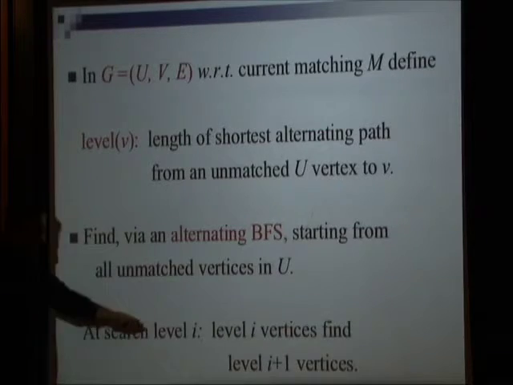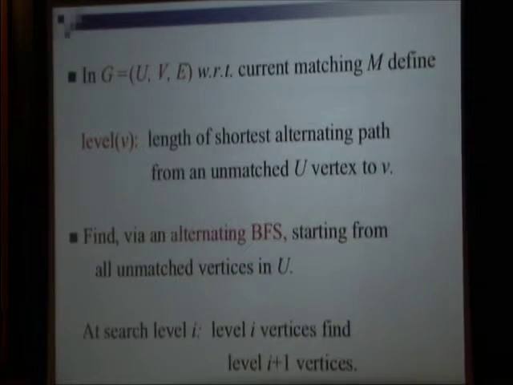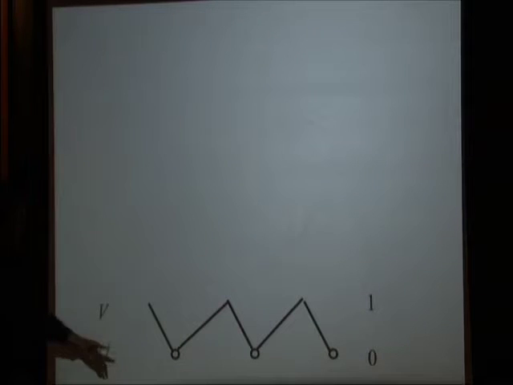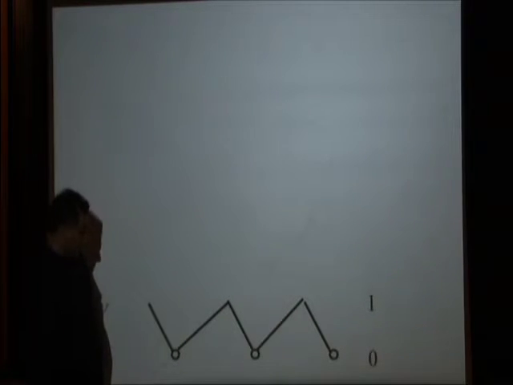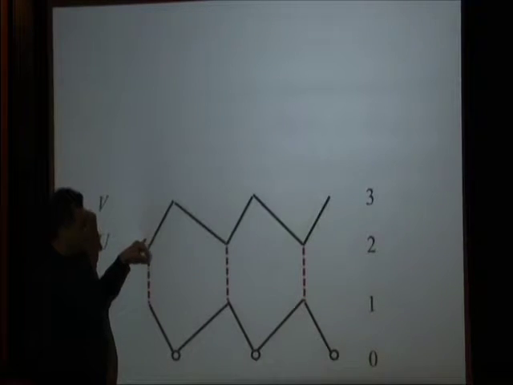At search level i, you look for guys that should get level i plus 1 and so on. On a bipartite graph, it works like this. You start with unmatched vertices on U. You look for unmatched edges incident and give these guys level 1. You look at their matched neighbors and give these guys level 2, and so on.